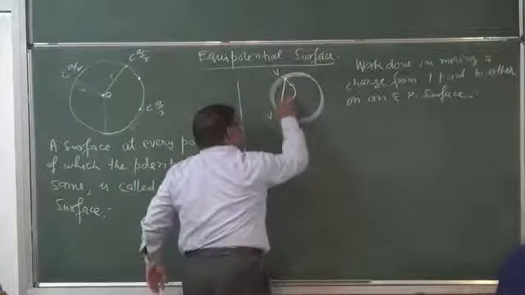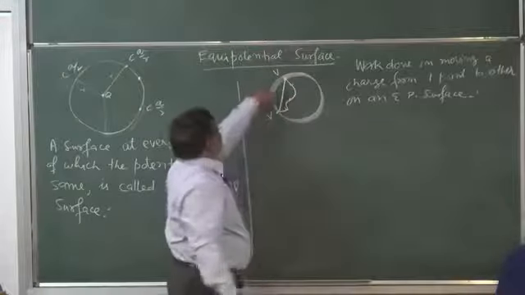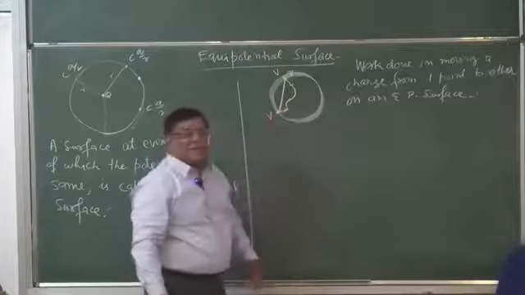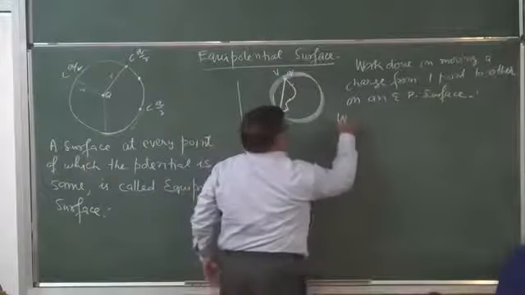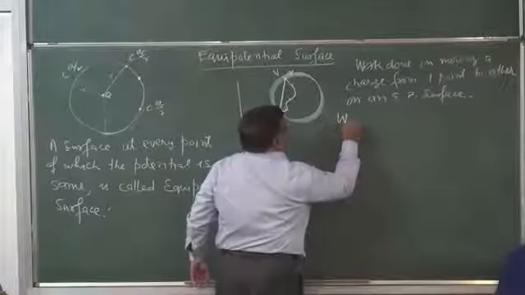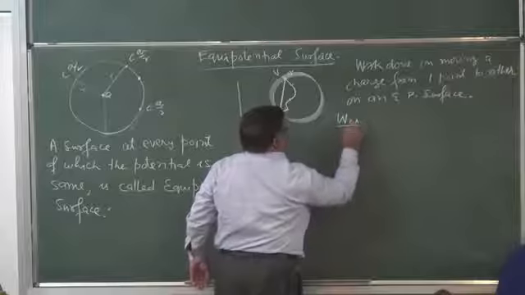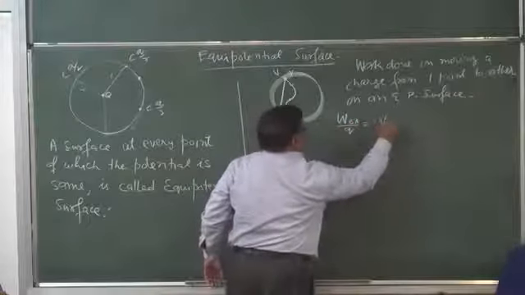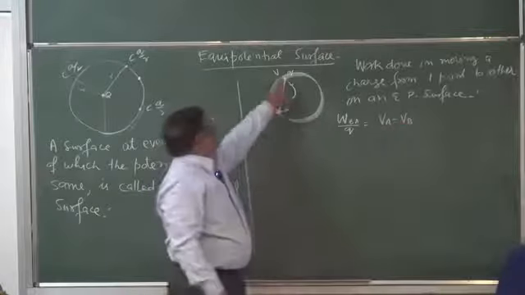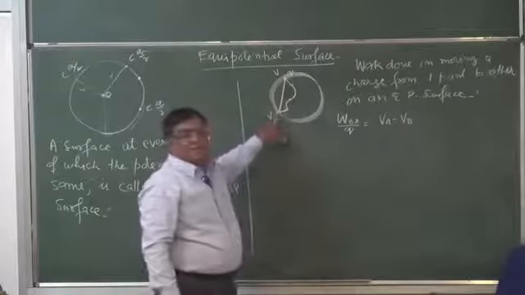If you bring a charge Q from this point to this point, how much work is done? We know how potential and work are related. Work from B to A per unit charge is equal to VA minus VB. And in this case, how much is VA minus VB?